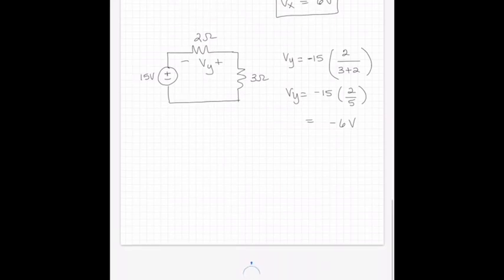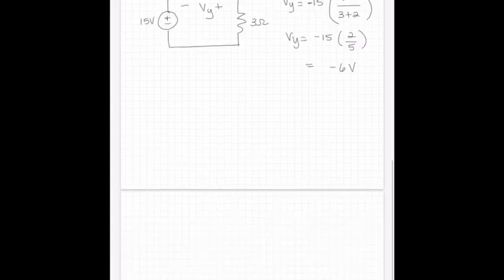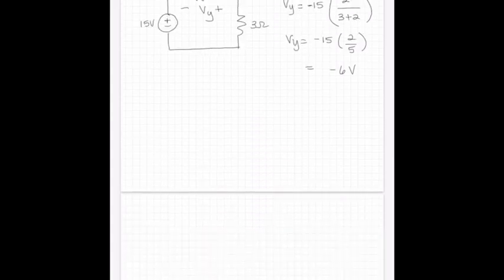All right, one more example. Here's 2 volts, and this is the right polarity this time. We have 2 resistors again, and we're going to solve for this voltage here, Vz.